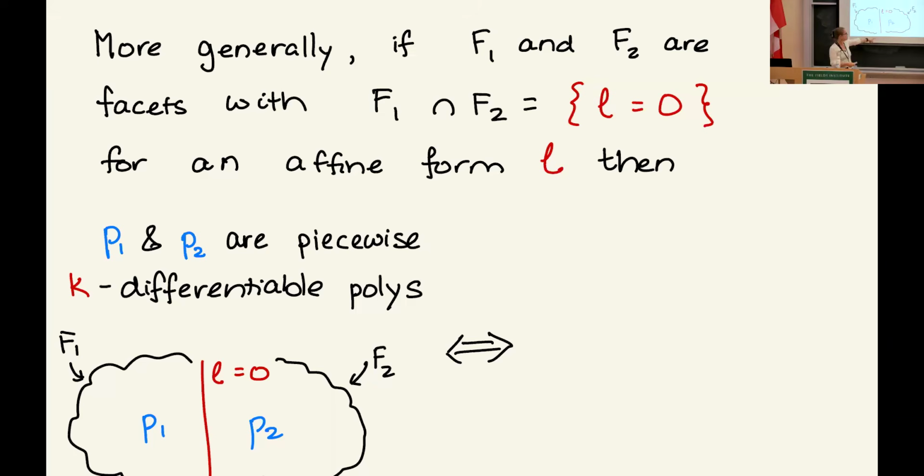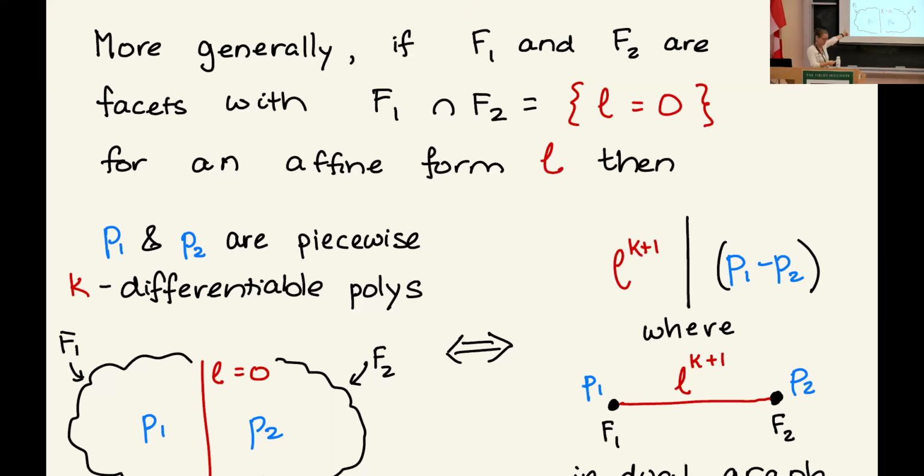Here they are being divided by that codimension 1 object, and there's the 2 faces, and there's my 2 polynomials. So this condition holds if and only if, in the dual graph, where I put a vertex for each facet and I put an edge between them, if the 2 facets intersect in a codimension 1 piece, then the polynomials labeling those vertices should differ by a multiple of L raised to the k plus 1 power.